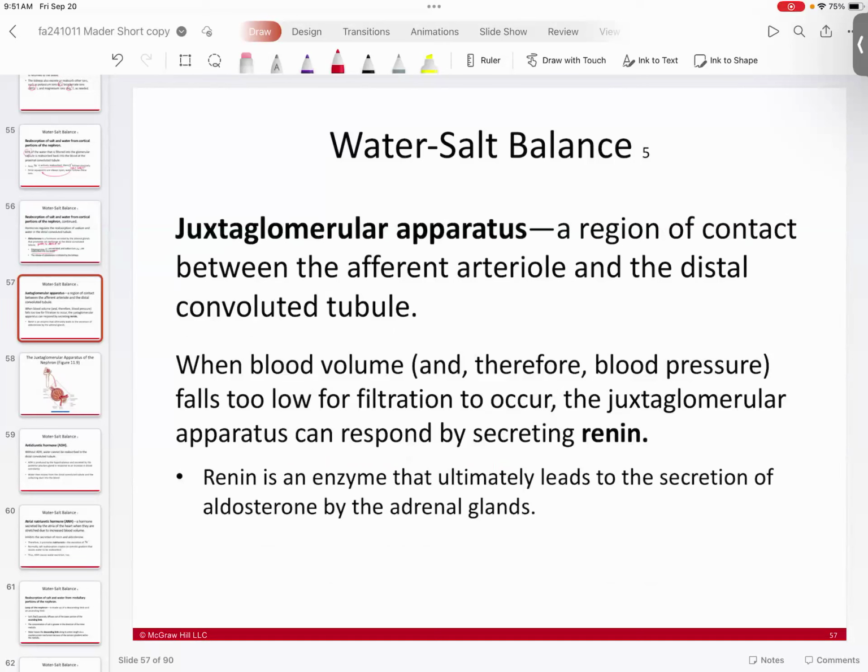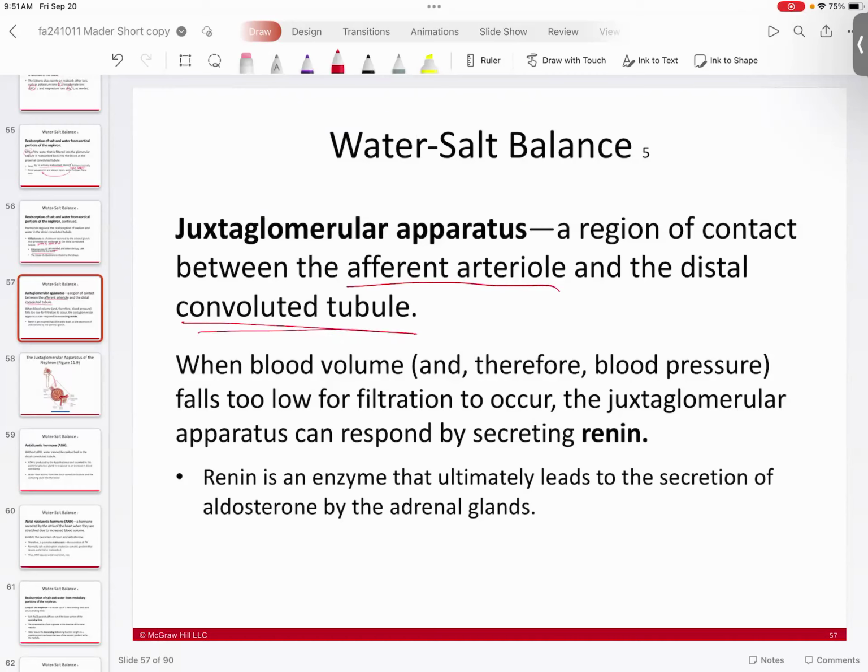Now, there's another structure that's associated with water balance that's important in the kidney structure itself. It's called the juxtaglomerular apparatus. This is a region in the nephron that is kind of an interaction between the afferent arteriole and the convoluted tubule.